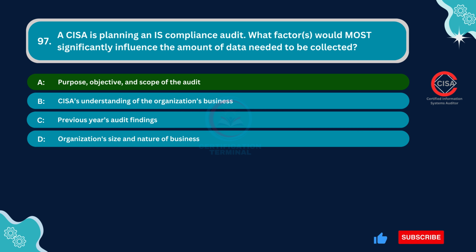A focused audit targeting a specific control area would require data specific to that area. In conclusion, the purpose, objectives, and scope of the IS compliance audit are the most critical factors in determining the extent of data collection. These elements define the specific areas of focus and the type of data required to achieve the audit's objectives.